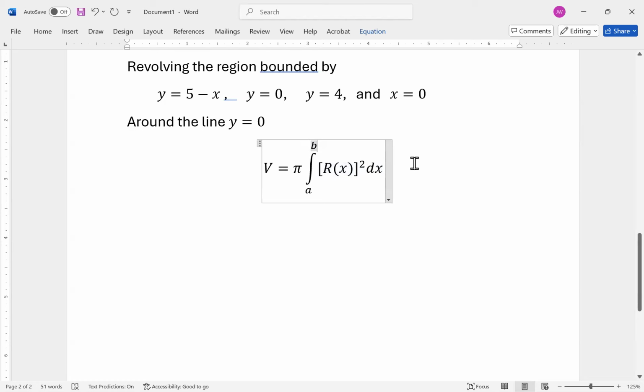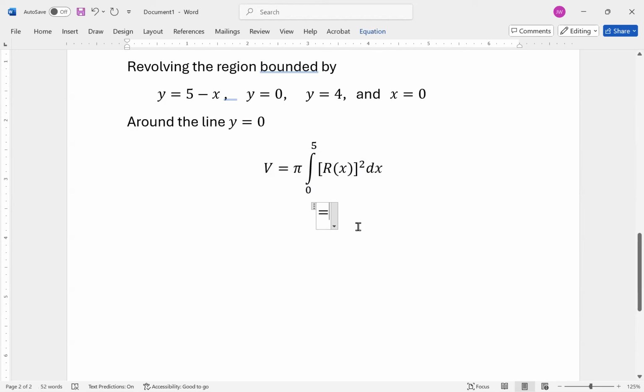Now, what I would say is, if I wanted to find the volume going from 0 to 5, I actually have to break that integration up because we don't have a continuous function that gives me my radius of the disk.